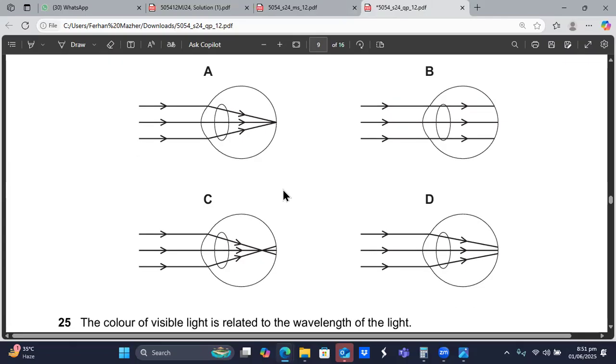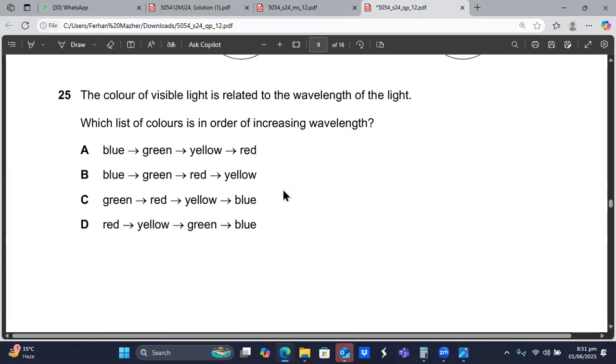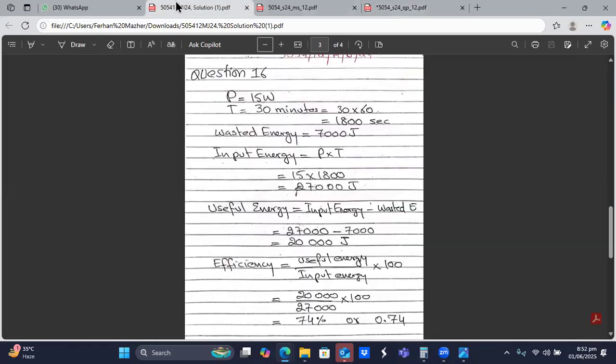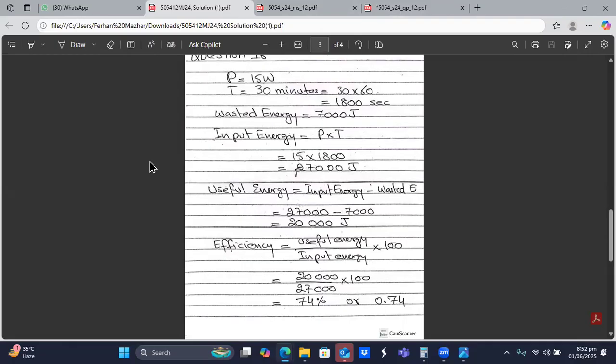Okay, straightforward, simple question. The color of visible light is related to the wavelength of the light. Which list of colors is in order of increasing wavelength? Increasing wavelength. Okay. So try to remember this thing. You know the colors.